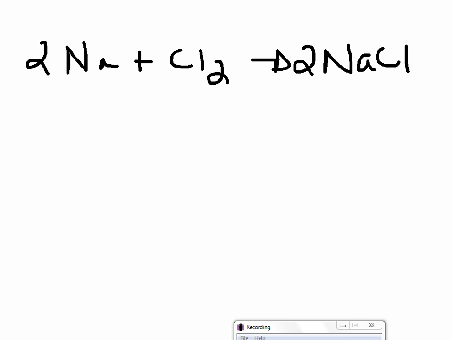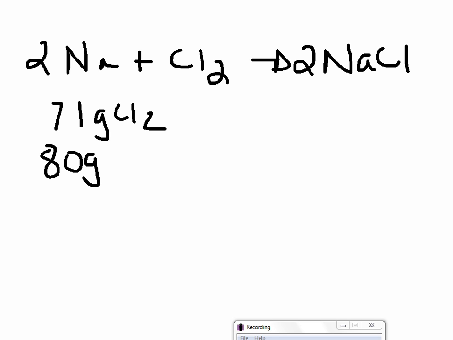So let's say that we have, in this case, 71 grams of Cl2. And let's say that we've got 80 grams of Na. And we want to find the limiting reactant.